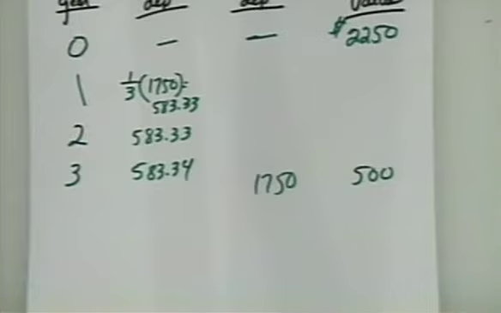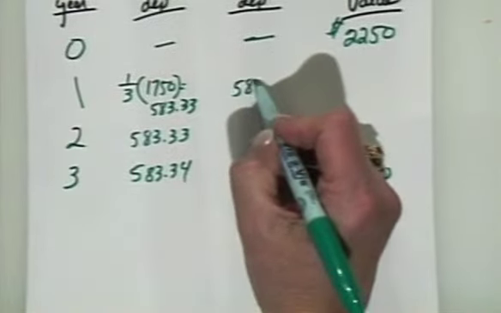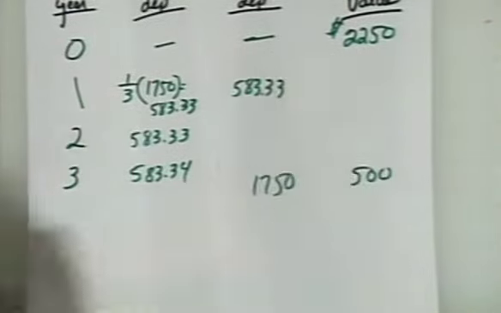So how much accumulated depreciation do we have in year 1? In year 1, it's exactly the depreciation for that 1 year. 583.33. So what's the book value at the end of year 1?